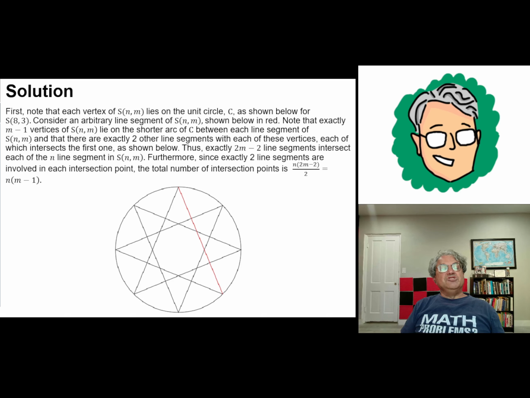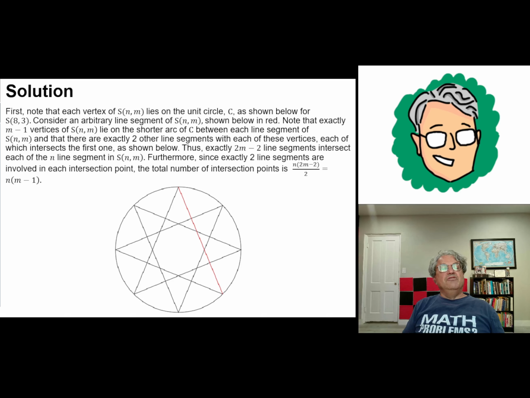And notice that each of these 2 vertices intersects this red line segment exactly twice. Every vertex of Sn,m, for every value of m and n, is always going to have 2 line segments coming out of it. And those 2 line segments are going to intersect any other line segment. So in particular, each of these 2 vertices intersects this red line segment twice.